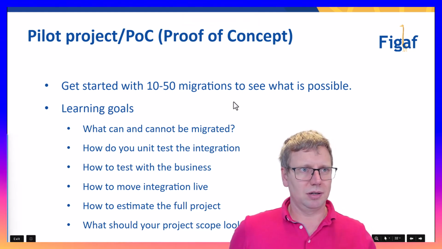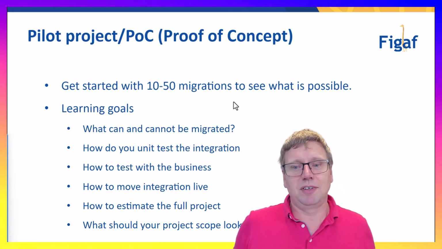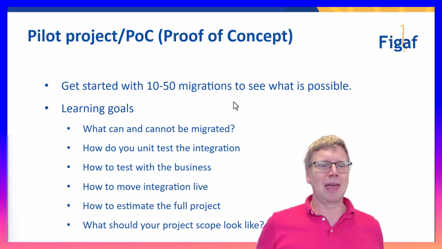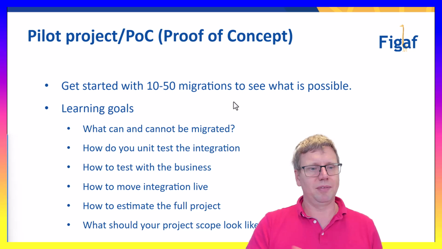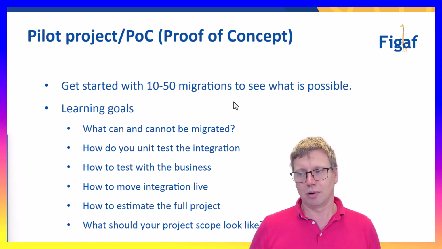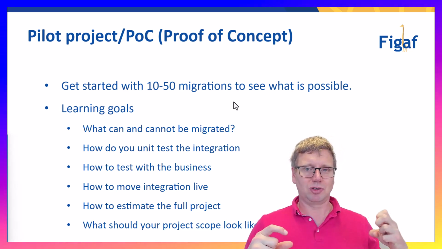In general, I would recommend that you get started with a migration project of like 10, 50 interfaces, depending on your landscape. Try to understand all of the different goals in this. How do you manage this? How do you involve stakeholders in go-lives? How do you ensure you can roll back?